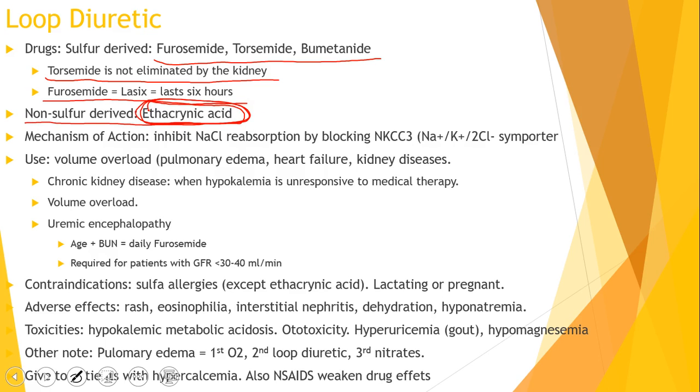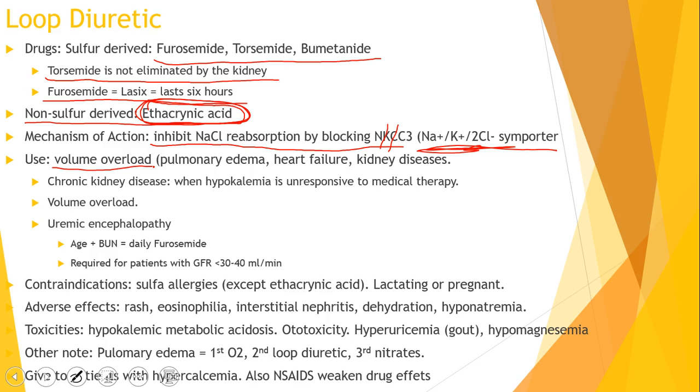The mechanism of action of loop diuretics is to inhibit the sodium chloride reabsorption by blocking the sodium potassium chloride symporter. The use is going to be volume overload, as we discussed earlier.